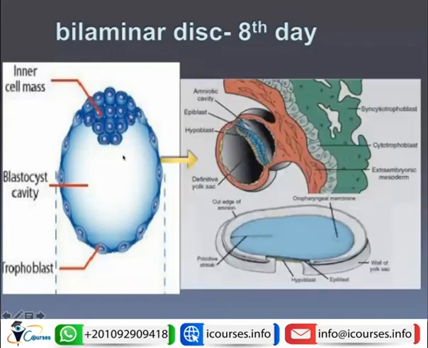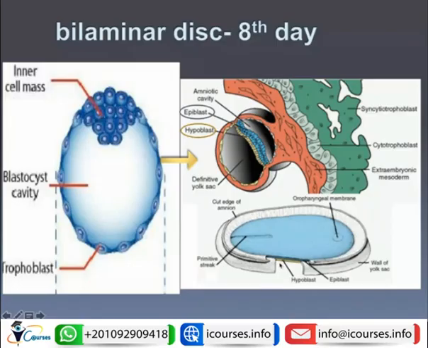This inner cell mass will later on develop two layers. One is called the epiblast, the outer layer, and a more inner layer called the hypoblast. So this is a cross section, and this is a longitudinal section showing the epiblast, and underlying the epiblast there will be the hypoblast.